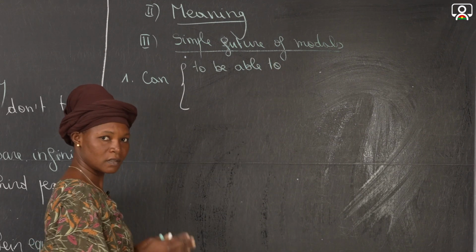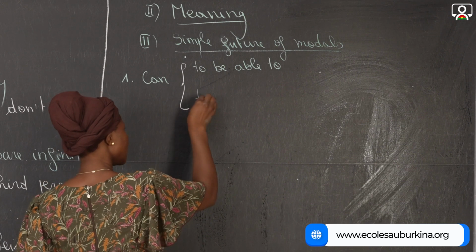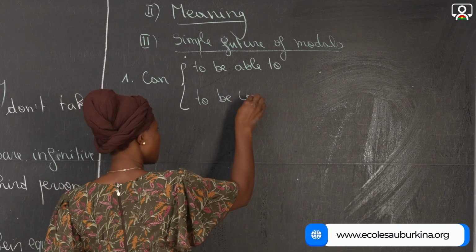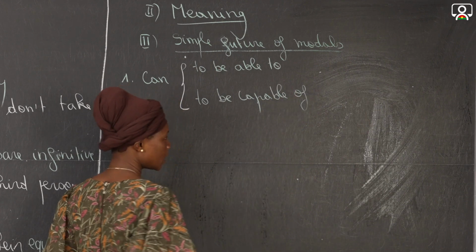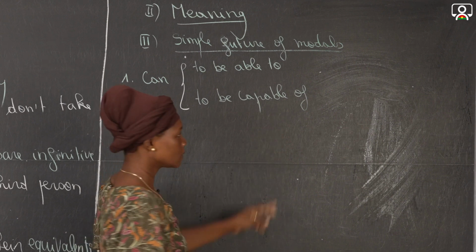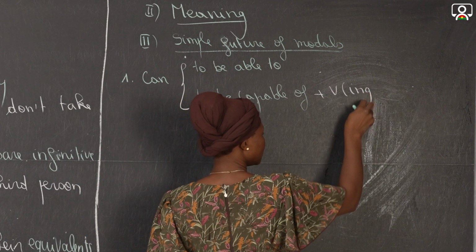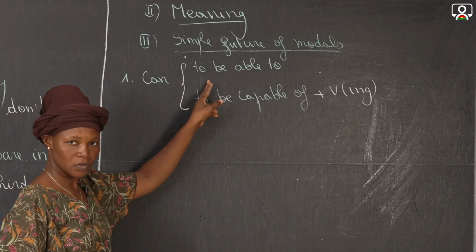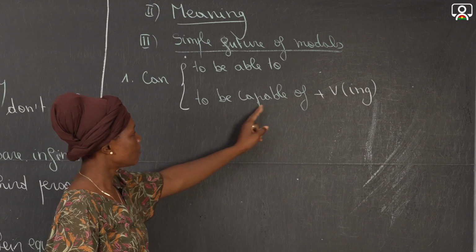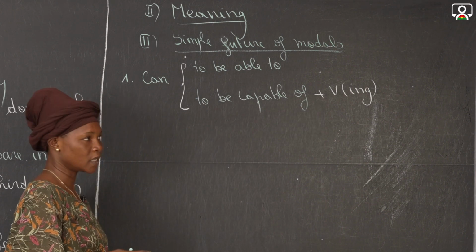So this is the first equivalent of can. And the second one is to be capable of. Now, when we use this one, the verb that follows must take ing. So to be able to and to be capable of plus verb ing.